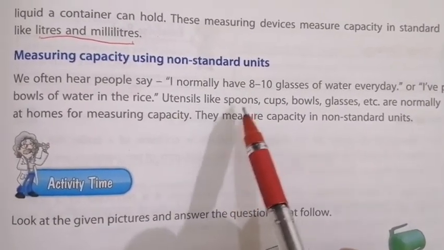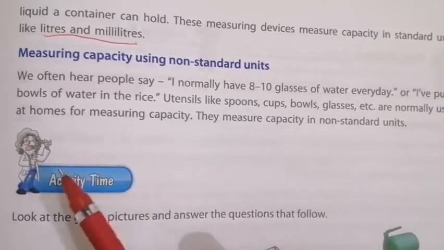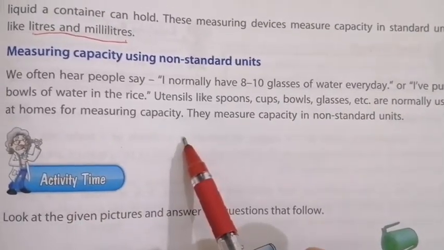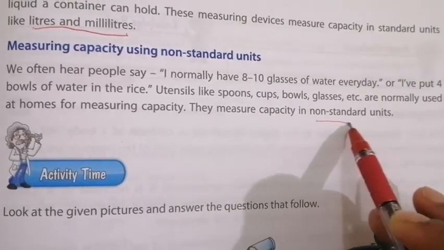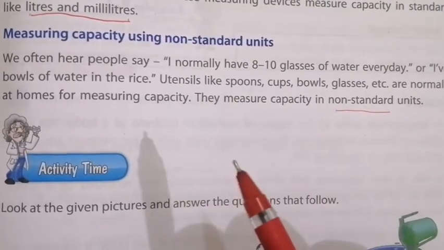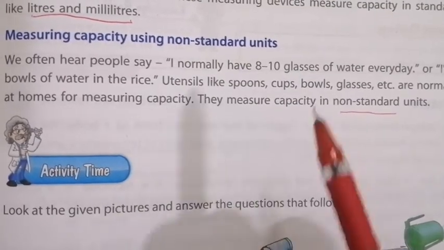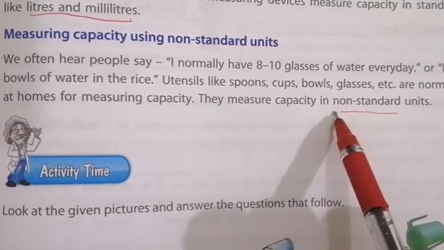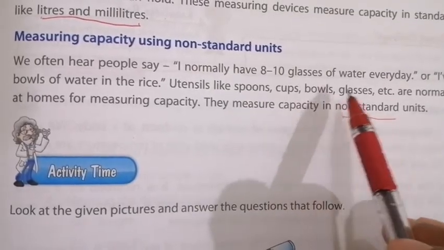So utensils like spoon, cup, bowls, glasses are normally used at home for measuring capacity. So they measure capacity in non-standard form. Okay. So when you see a cookery show, they'll say half teaspoon or half tablespoon or half cup. Okay. So they are the non-standard units. Which are they? Spoons, cups, bowls, glasses.